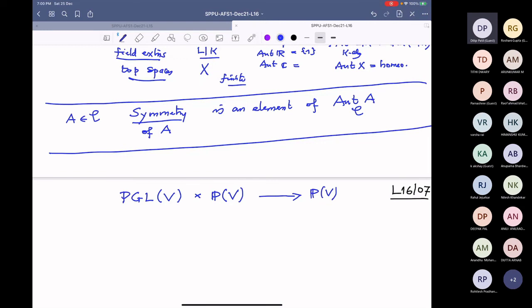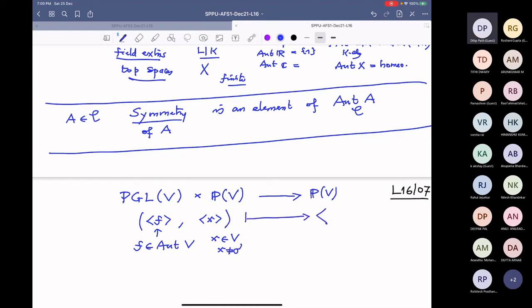So PGL(V), what are the elements? They are coming from linear maps and we are denoting them like this, where F is an automorphism of V. And any element of P(V) you write like this, [x], where x is a non-zero element in the vector space. And this pair, where does it go? Obvious.